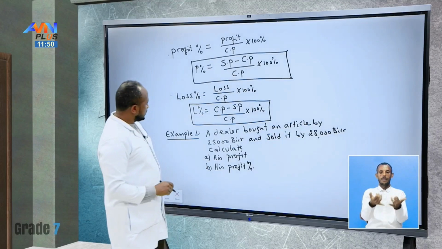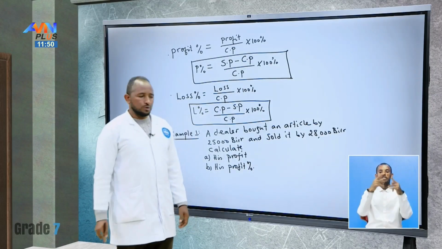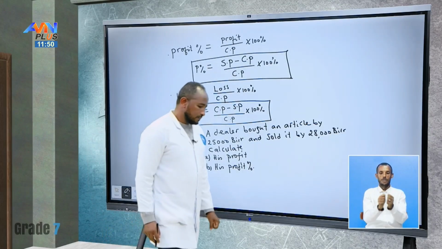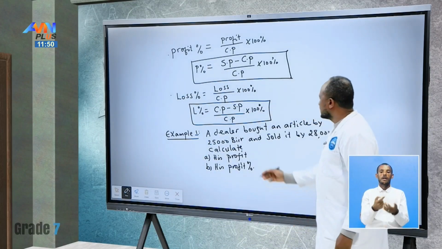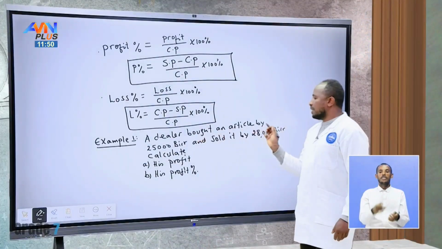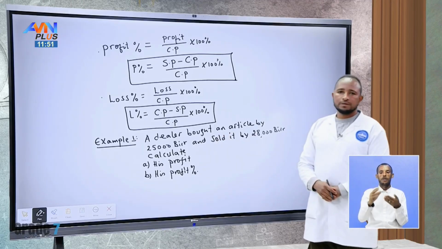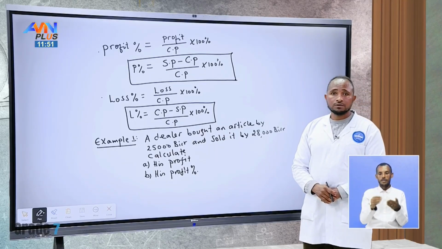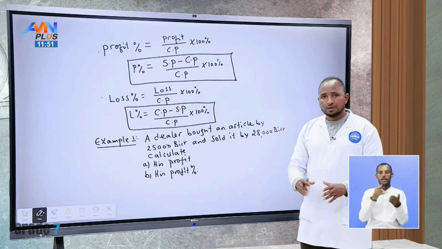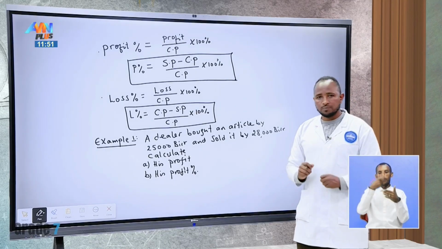Now, let's try this question together. Here, the dealer bought an article by 25,000 birr. It is the price at which an article is bought. Therefore, it is the original cost, or cost price.